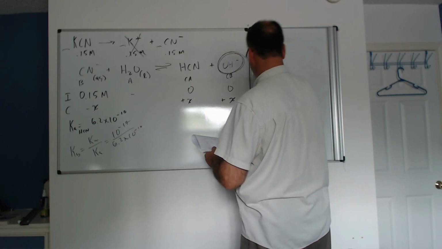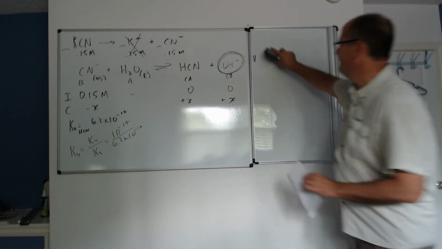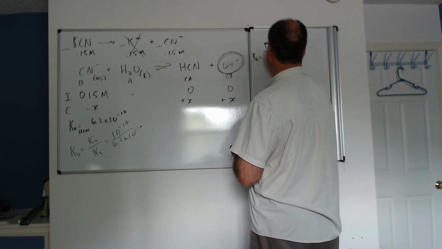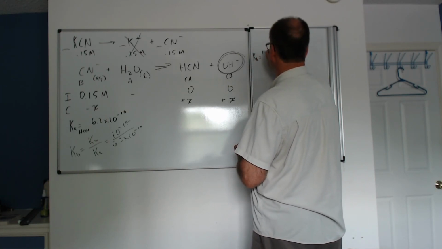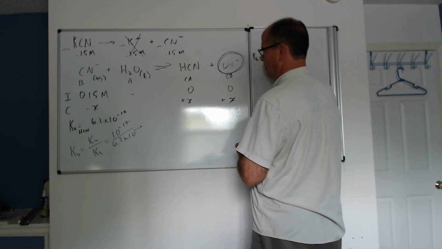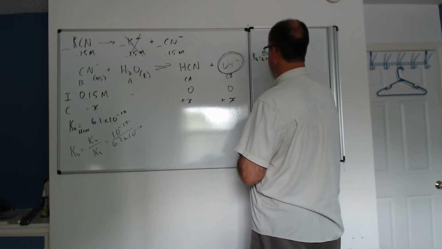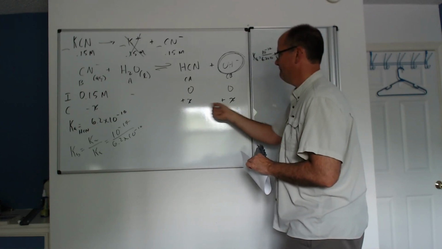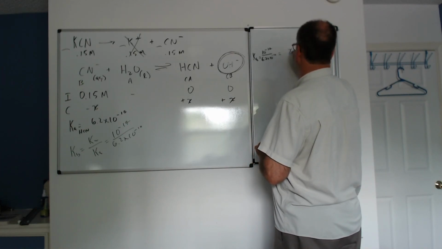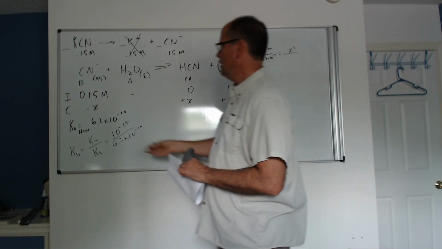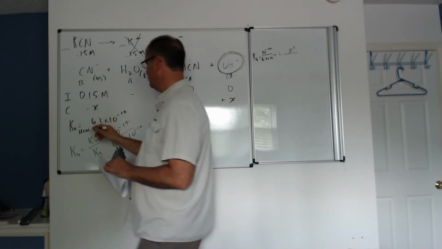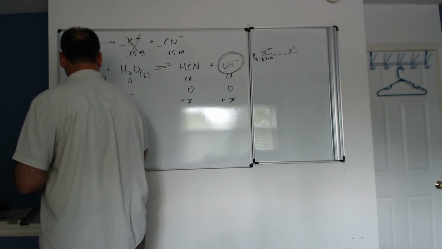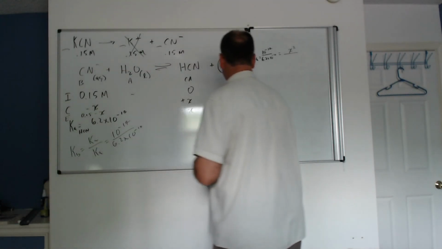Kb is equal to Kw over Ka, so 10 to the negative 14 over 6.2 times 10 to the negative 10 equals x squared over 0.15 minus x. I didn't keep writing that out, but my equilibrium would be 0.15 minus x. This would be x and x.